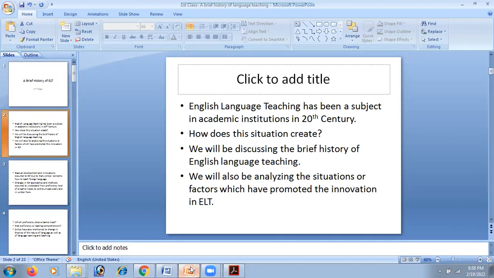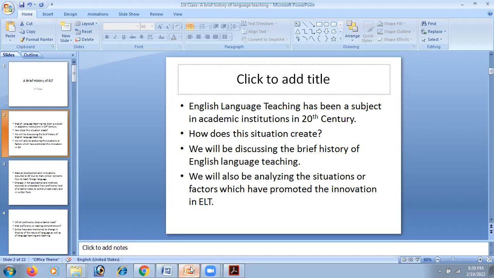That means three-fourths of the world universities teach English language teaching, and there the students can learn English language and other languages at those universities.